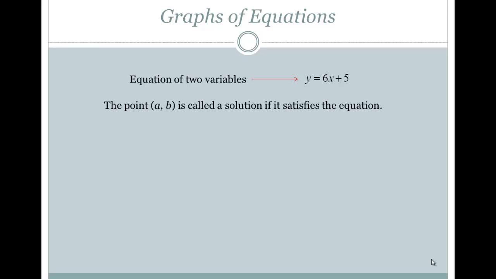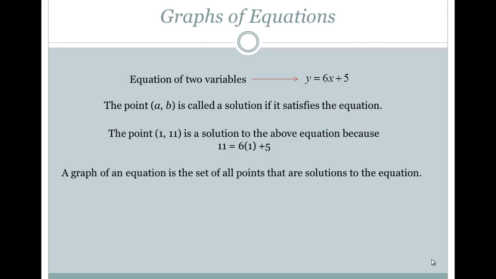For example, the point (1, 11) is a solution to the equation, because if I plug in 1 for x and 11 for y, I end up with 11 equals 11, which is a true statement.